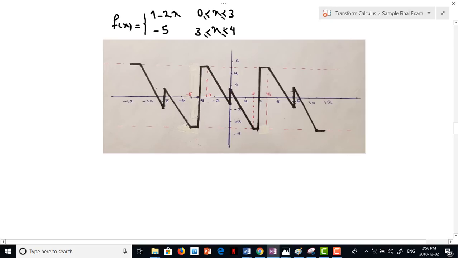Again, at first I plot 1 minus 2x in the range of 0 to 3, so it's a linear function. You're going to see that it's this line, and then from 3 to 4 the function is constant, equal to minus 5.